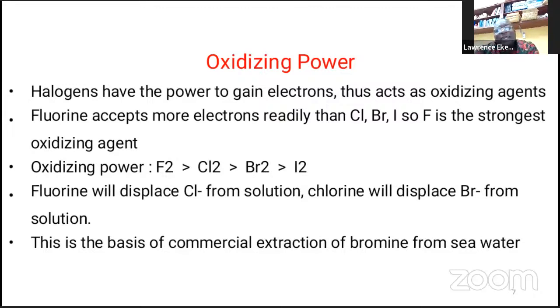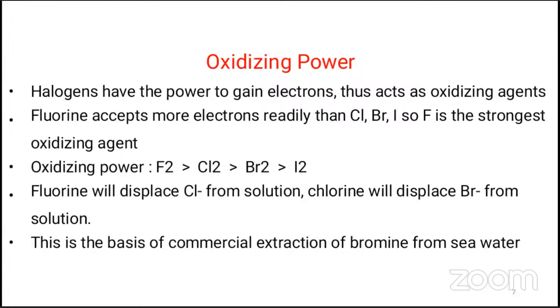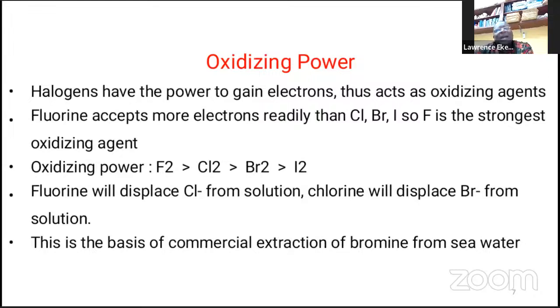Because fluorine has a higher oxidizing power compared to chlorine, fluorine will displace chlorine from solution, chlorine will displace bromine, and bromine will displace iodide from solution. Why? Because of the difference in their oxidizing power, their ability to oxidize, which decreases down the group from fluorine to iodine.